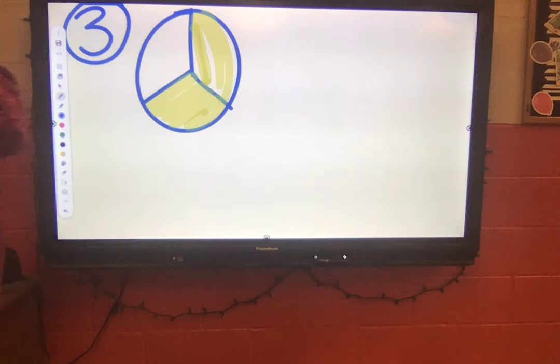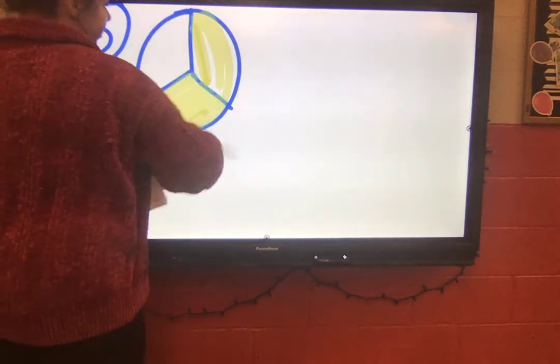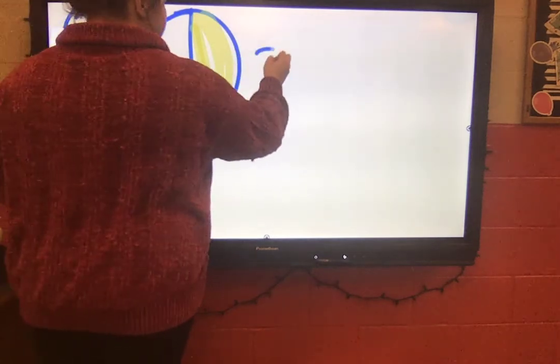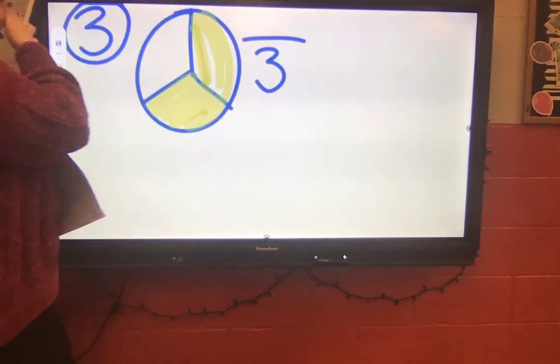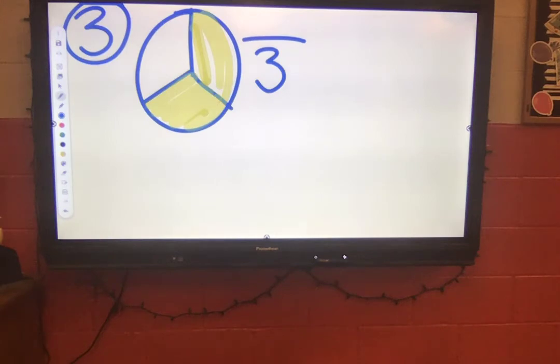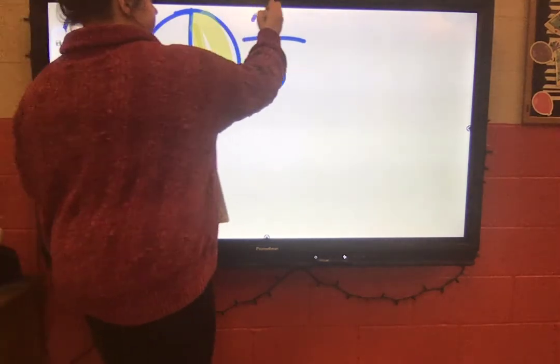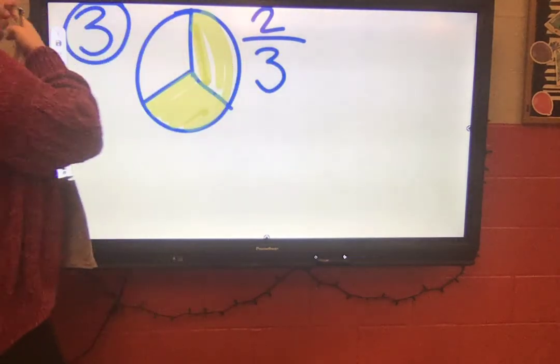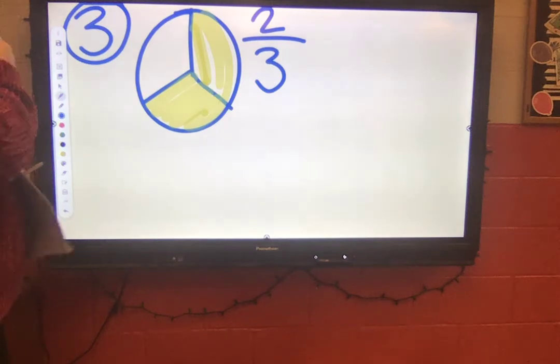Okay, so now I'm going to do my fraction. How many pieces total? 3. My numerator is how many pieces are colored. 2. So my fraction for this circle is 2/3.